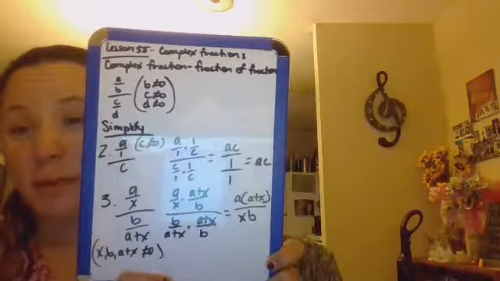All right, now we're going to do some division with complex fractions. To divide, we're going to invert the denominator and then multiply. Normally with fractions, you flip the second and multiply. So this one, we're flipping the denominator and multiplying.